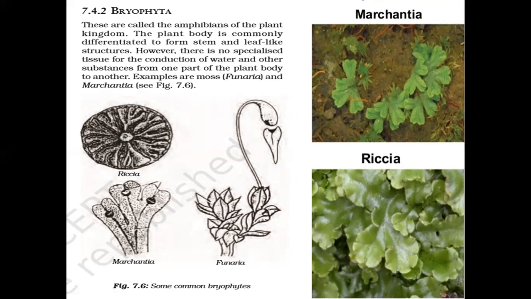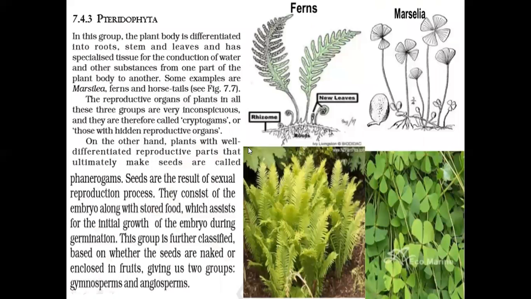The first one was Thallophyta. Go to the third one, that is Pteridophyta. In this group, the plant body is differentiated into roots, stems, and leaves, and has specialized tissue for conduction of water and other substances from one part of the plant body to another.